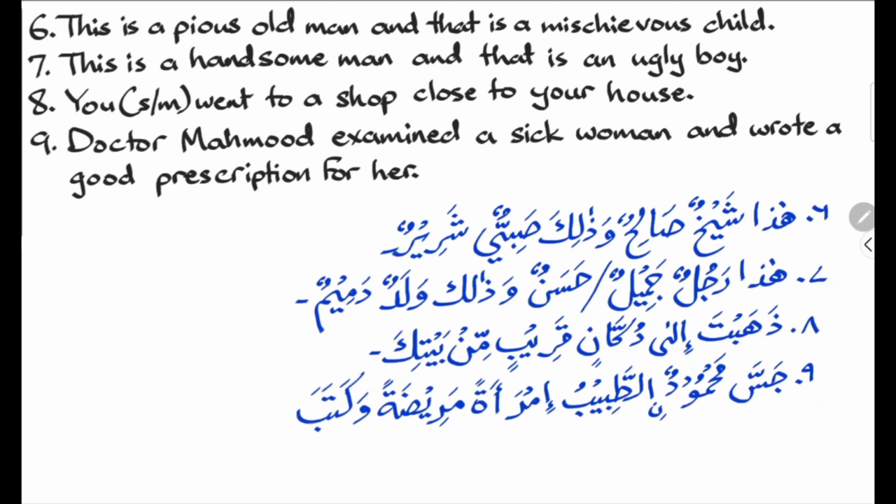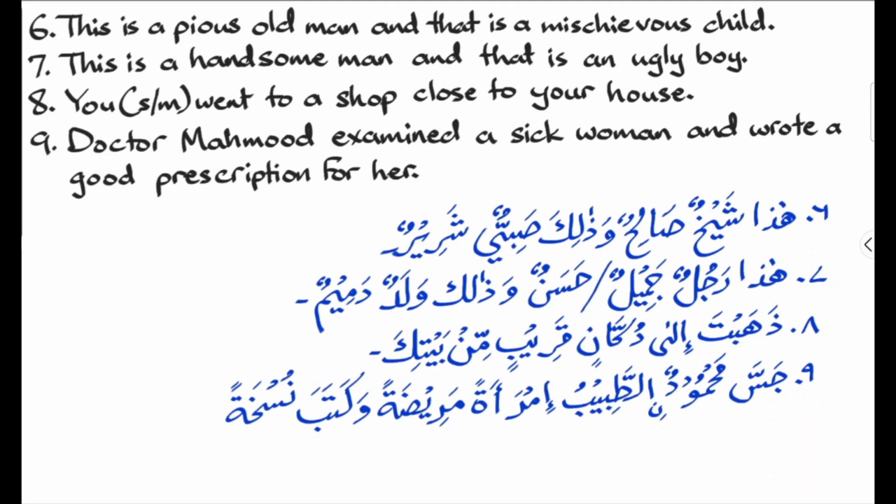a good prescription for her. Prescription is موصوف, good is صفة. Together both of them become a single maf'ul of kataba. Prescription is nuskha. Nuskhatan. Since it's maf'ul, is going to get the double fatha on the ta, the last letter.